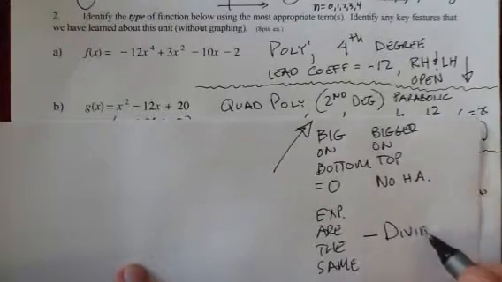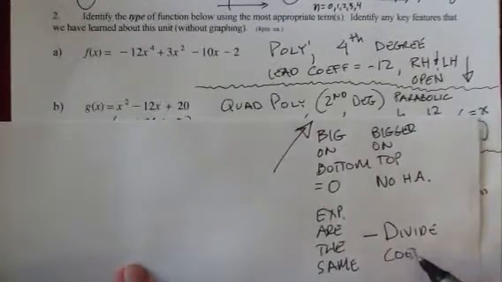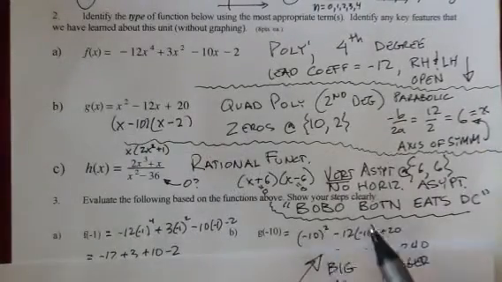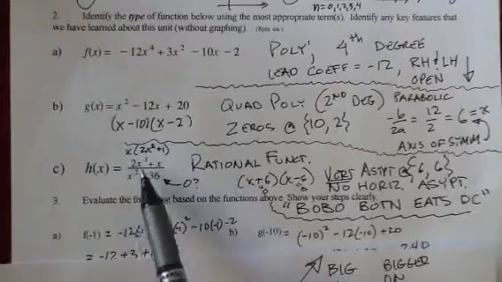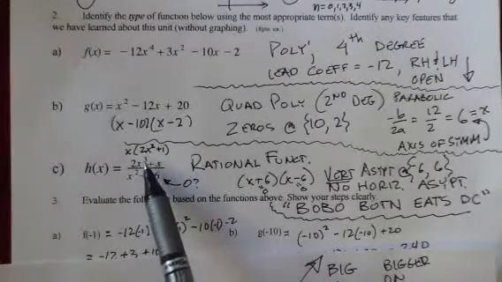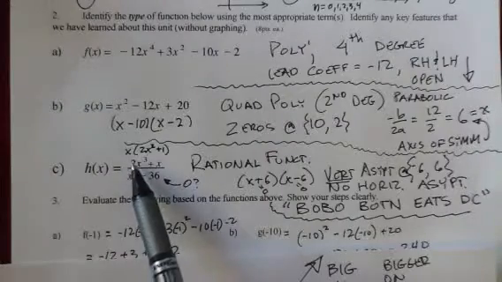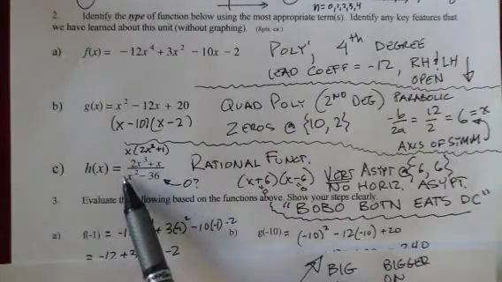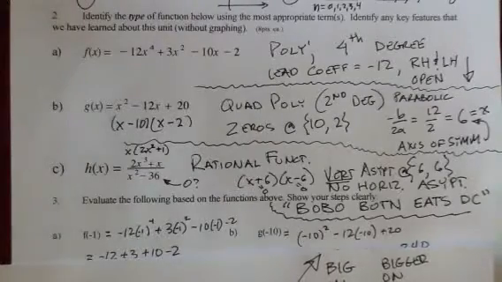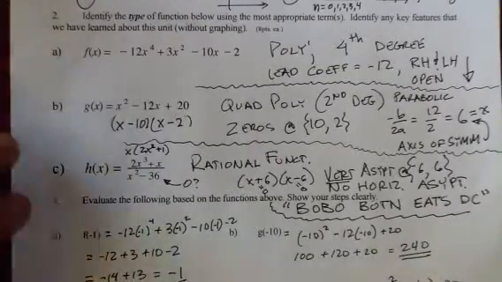Divide coefficients. Okay? So memorize that phrase, Bobo Botten eats DC, and you'll never go wrong. In this case, if that had been a 3 down there, so that means the exponents are the same, then just divide coefficients, 2 divided by 1, and that would give you a horizontal asymptote of 2. We'll come up to this again in a second. Okay, save that little memory trick.